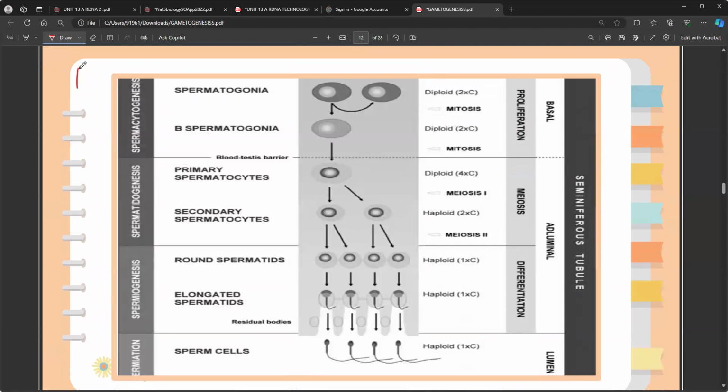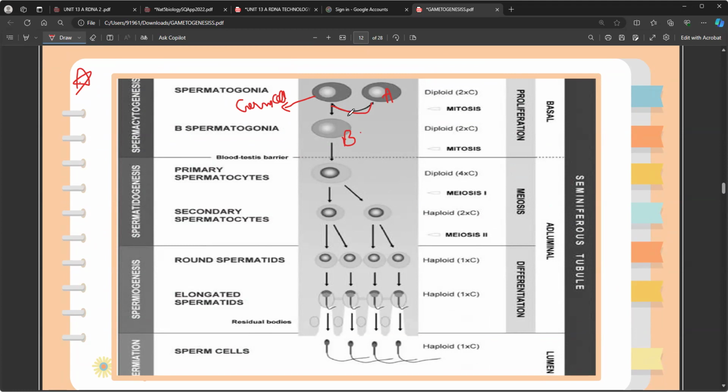Friends, this particular slide is a very important slide because you can expect a question in the form of a flow chart. So you have to remember it compulsorily for the exam. Look into this. This is the spermatogonia, which is the germ cell. It differentiates into type A spermatogonia and type B spermatogonia.